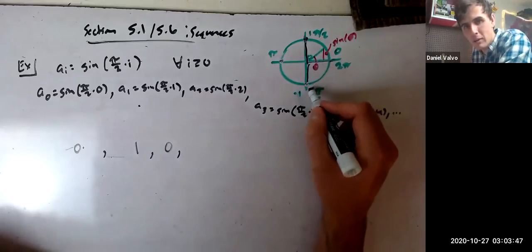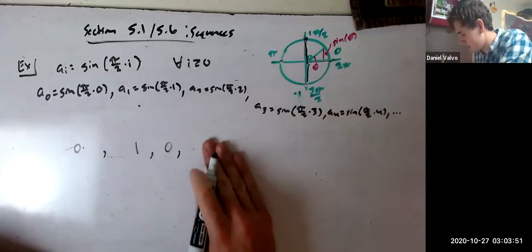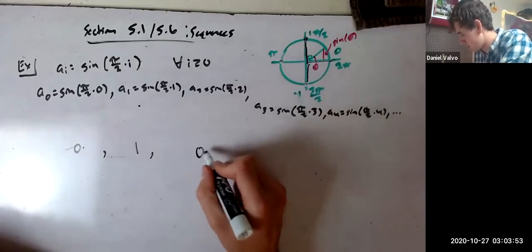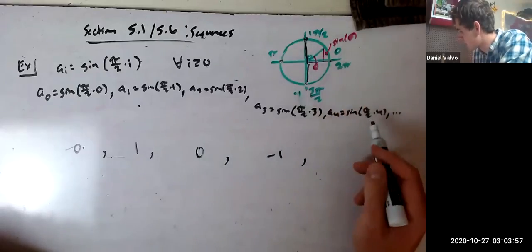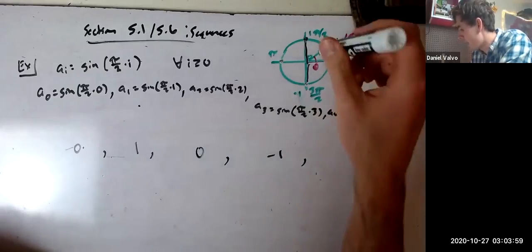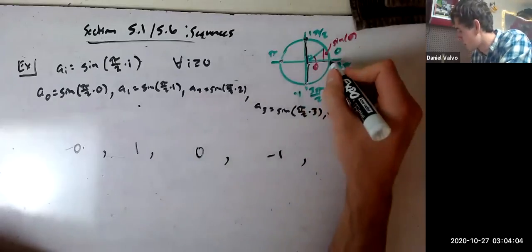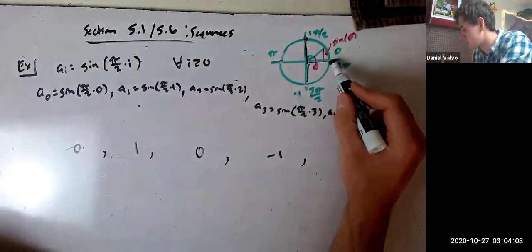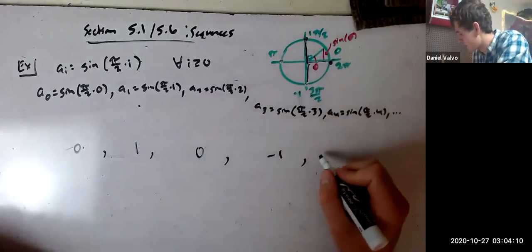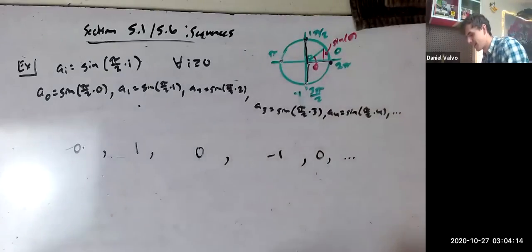Well, it's down by -1. And then pi over 2 times 4, add another pi over 2 to the angle, so we go up to here. And how far is this dot from the x-axis? Well, it's on top of it, so it's 0 away. And it goes on and on and on like this.